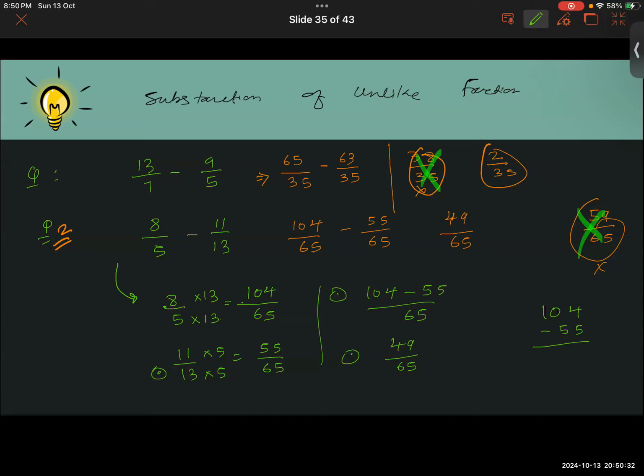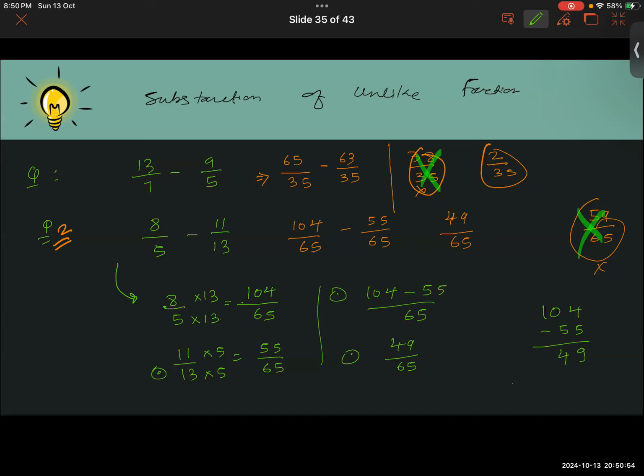We can't subtract 5 from 4 now. So we'll be borrowing 1 from 10. From this 10, we will borrow 1. So it becomes 14. 14 minus 5 is how much? It's 9 now. And from 10, we have borrowed 1 earlier, so now it is 9. 9 minus 5 will be 4.